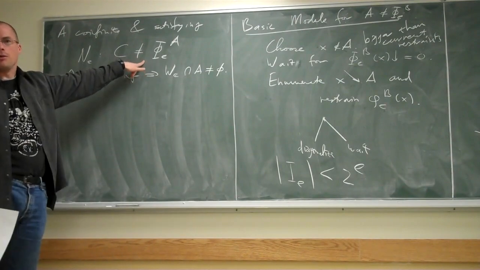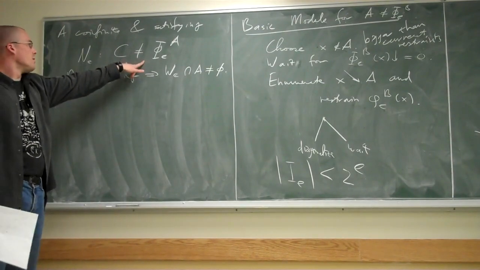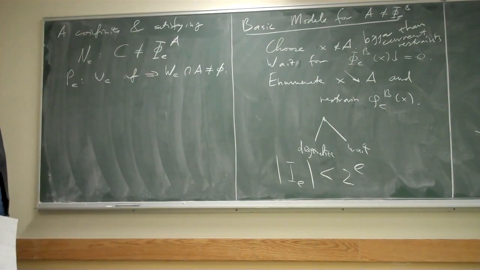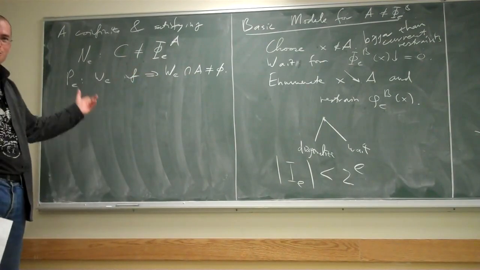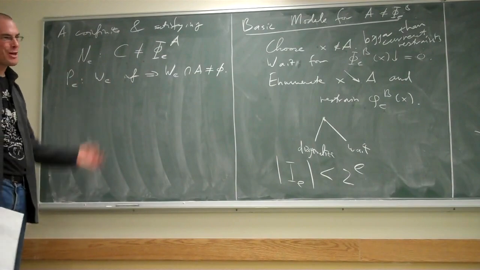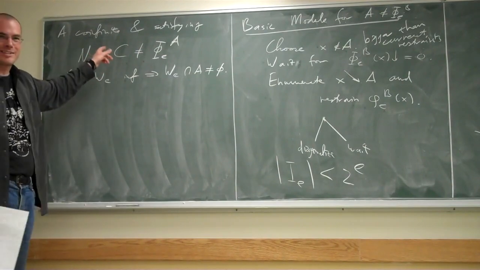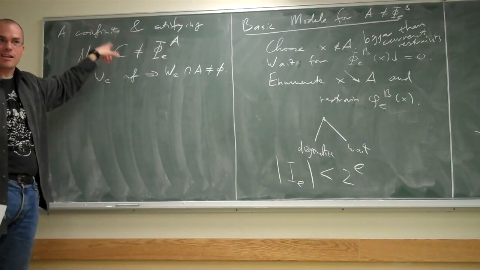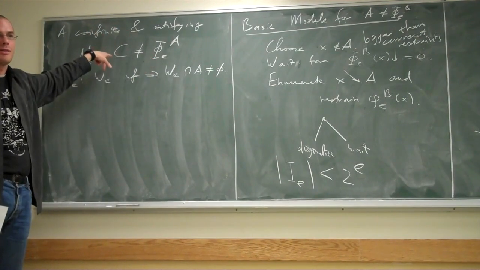This is different. But what would you want to do? Well, if you look at the previous argument, you would want to say, well, take an x, which is not in C, and wait for this to go to 0, but C is not you, C is the enemy, right?